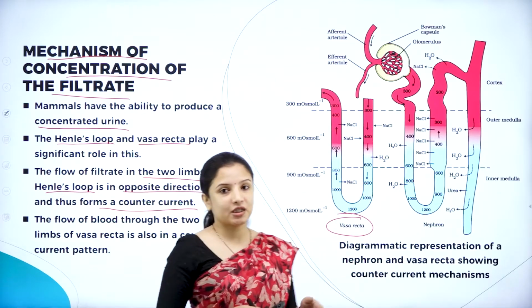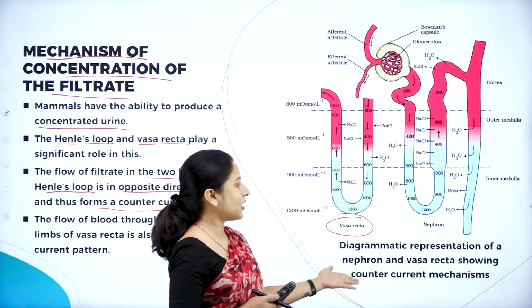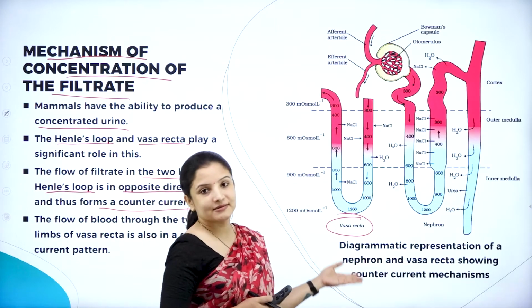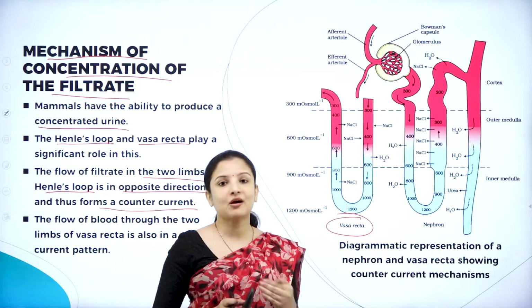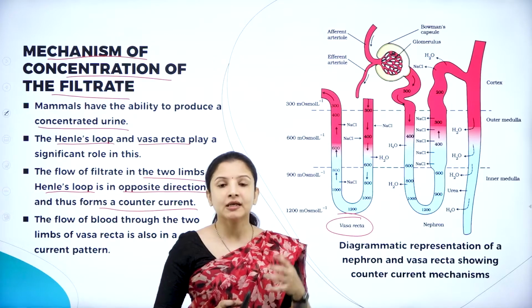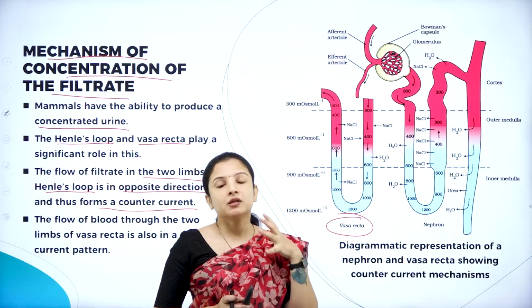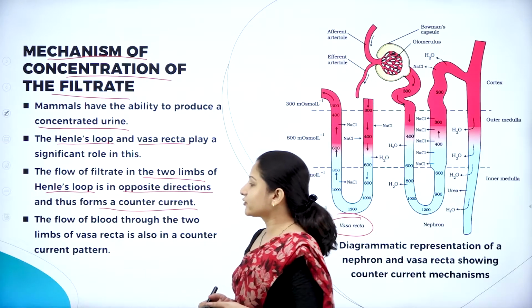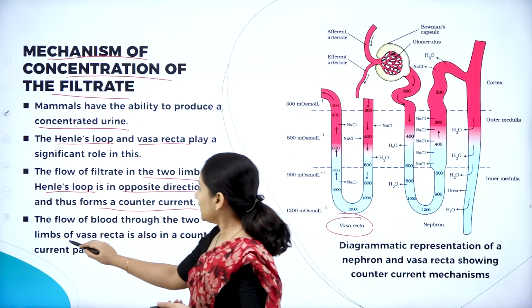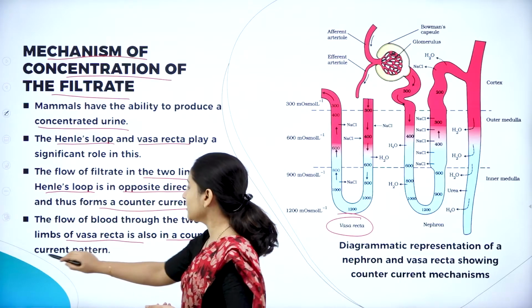So in this particular session we shall discuss the counter current mechanism that occurs in the Henle's loop and the vasa recta. When this counter current mechanism occurs, it is at that time that the concentration of the urine occurs. The flow of blood through the two limbs of the vasa recta is also a counter current pattern.